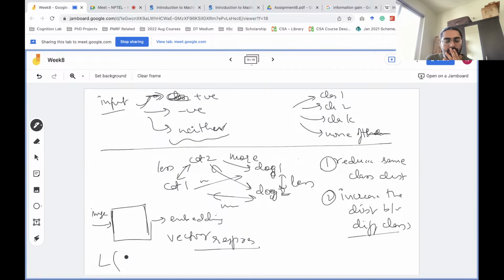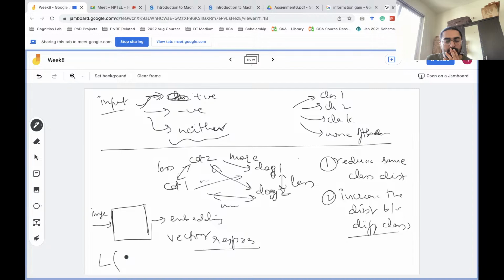Let's say image 1, image 2, and image 3, okay? Where image 1 and image 2 are, for example, of the same class. So you will say reduce, so basically same class, then you'll have minus the distance between image 1 and image 2, okay?